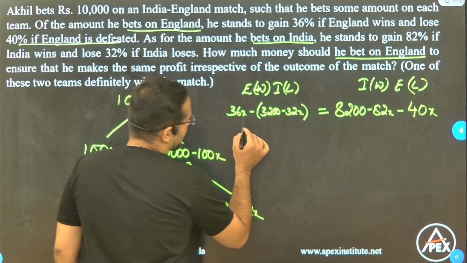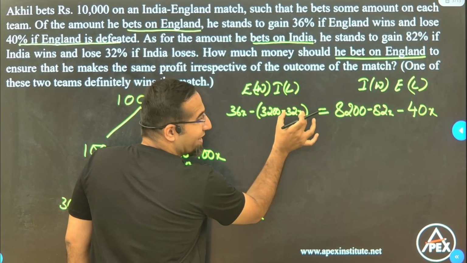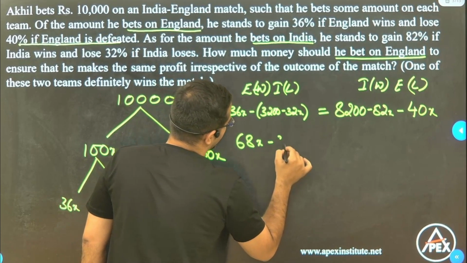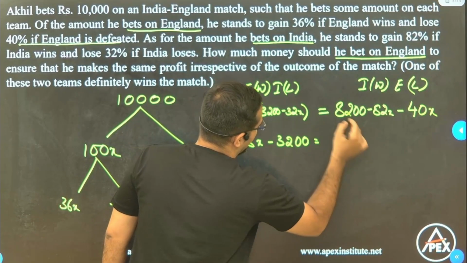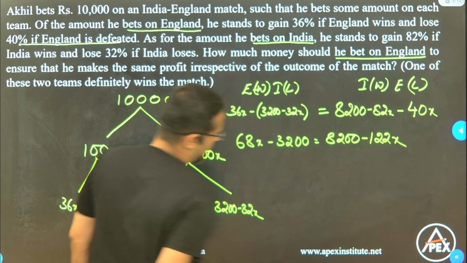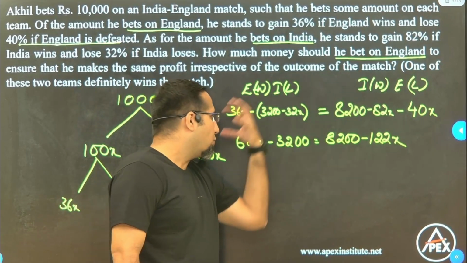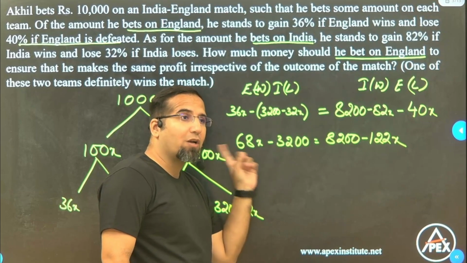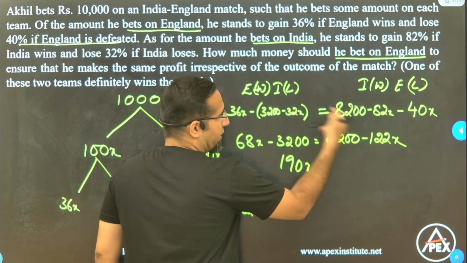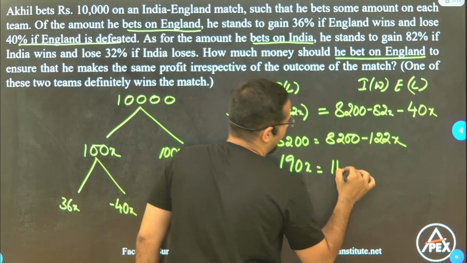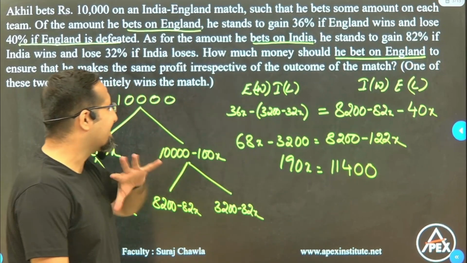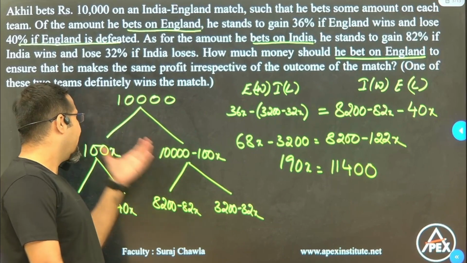So if I open my brackets, this 3200 will remain minus, minus into minus becomes plus, so 36 plus 32 will give you 68x minus 3200 is equal to 8200 minus 122x. Now we bring 122x to the left hand side, so it becomes plus 122x. 122 plus 68 will give you 190, so we get 190x equals 8200 plus 3200, meaning its value is 11400. If 190x is 11400, we need the value of 100x.